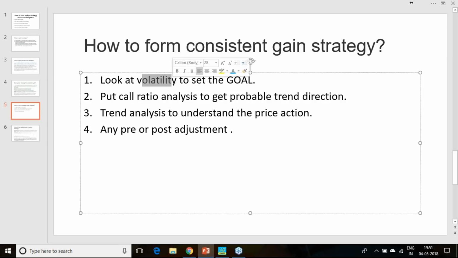Put call ratio analysis, as I used to say, though every stock's put call ratio analysis is not a clear indicator for your trade.